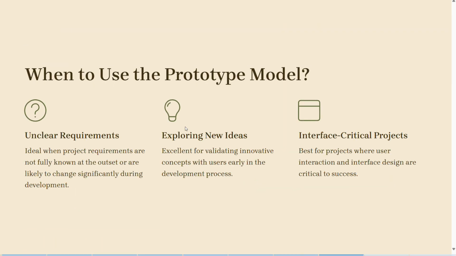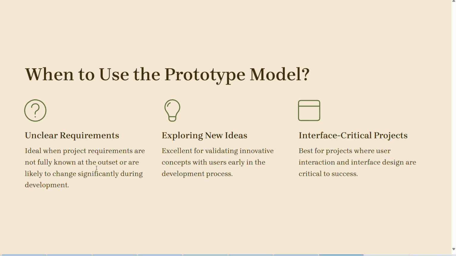Now when to use the prototype model. Use it when requirements are unclear, when the requirements are not clear. It is ideal when the project requirements are not fully known at the outset, or are likely to change significantly during development.